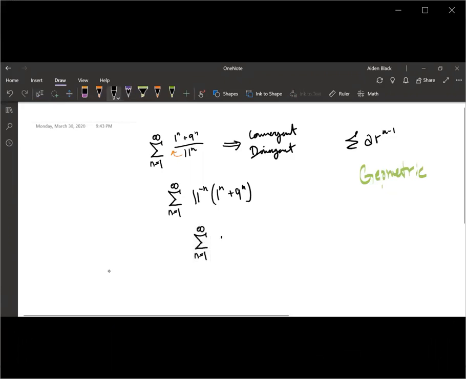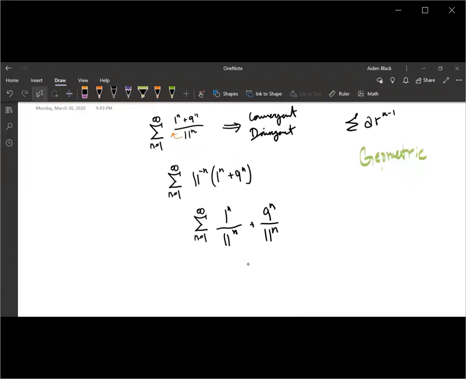Distribute 11 to the negative n to each term inside the parentheses. And we'll just pull 11 to the negative n back down where it's no longer a negative power. Just distribute to the other term, 9 to the n, divided by 11 to the n.